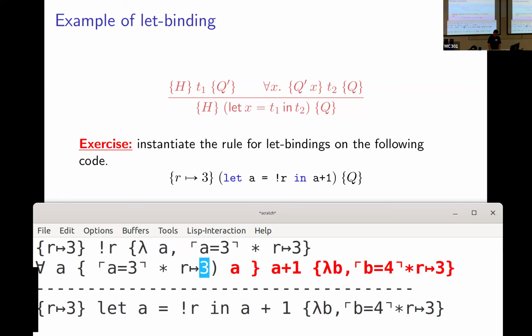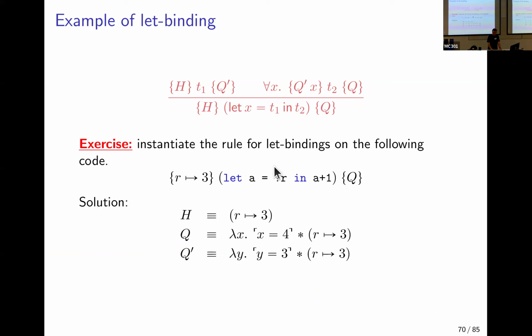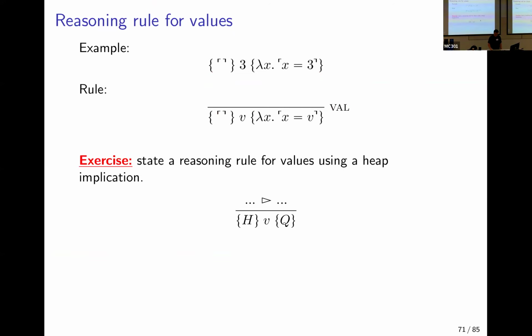Okay, and that makes sense because A plus 1 can be proved to be equal to 4 if A is equal to 3. Okay, so thank you for staying with me. So that was the answer, but of course, it's better to go through it slowly.